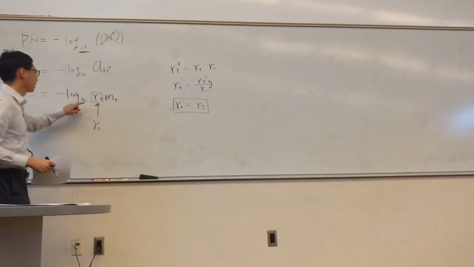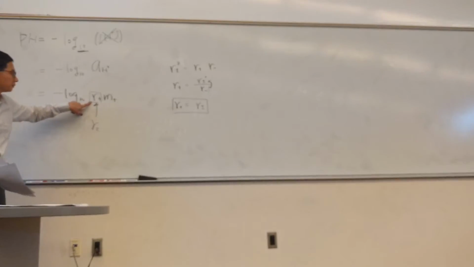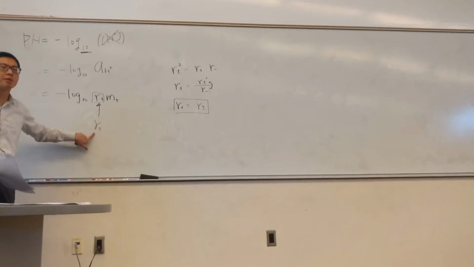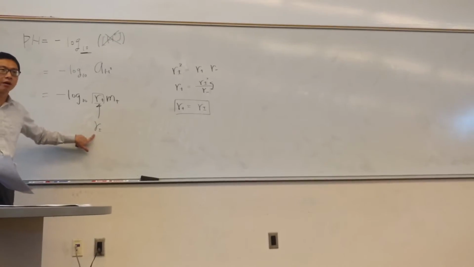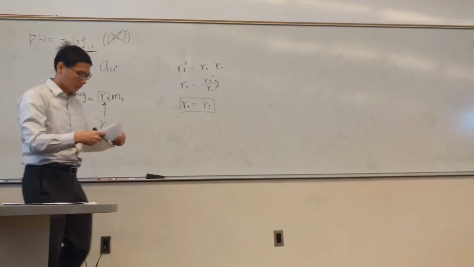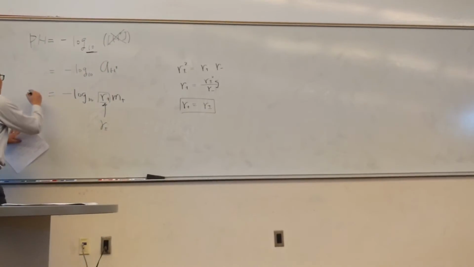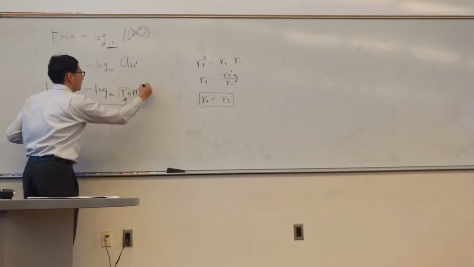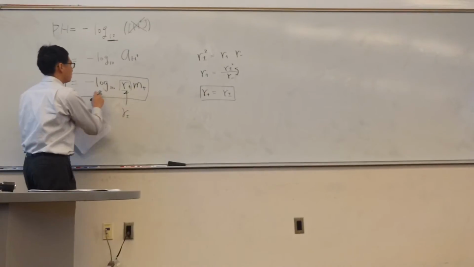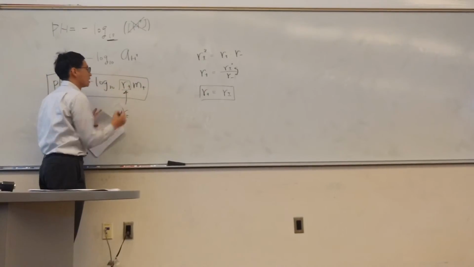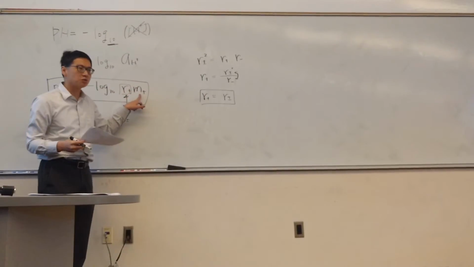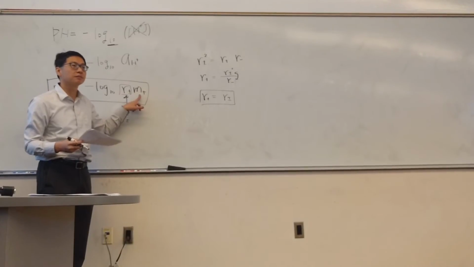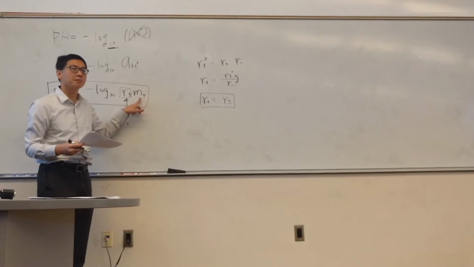Therefore, even though we write gamma plus here, it can be substituted with gamma plus minus. So that means now the definition of your pH will be negative log 10 of gamma plus minus times your H plus concentration.